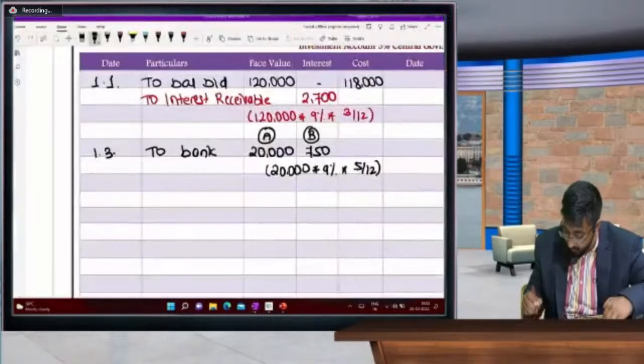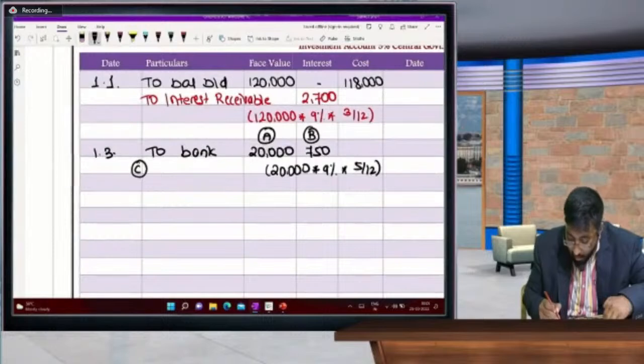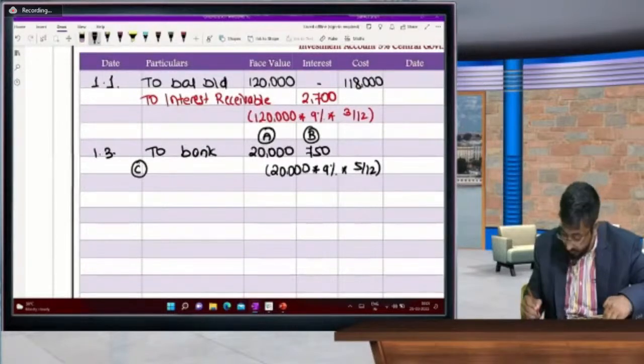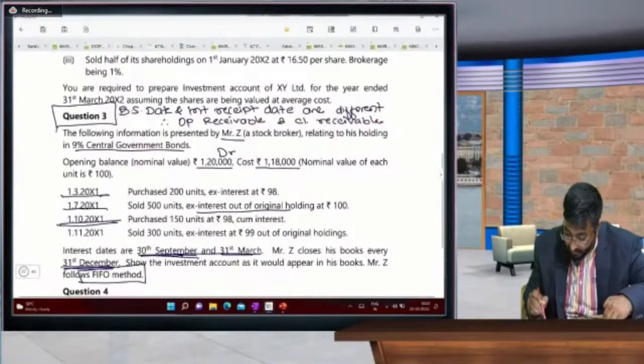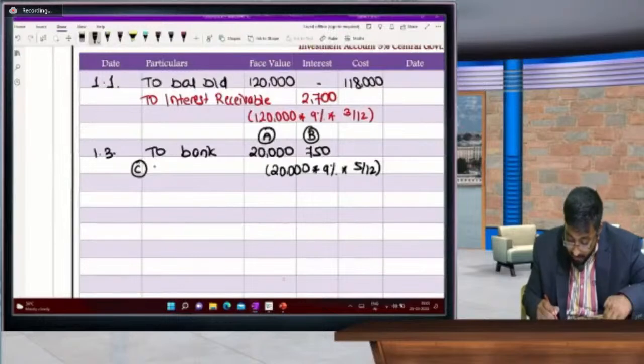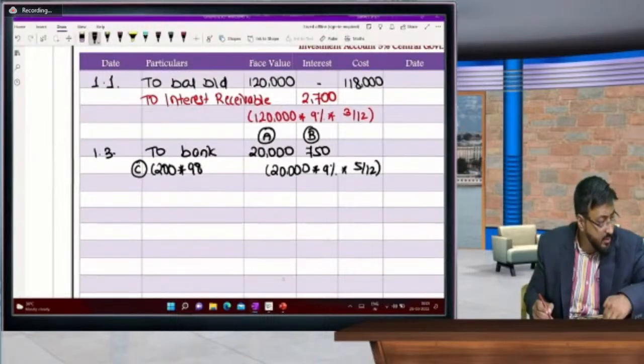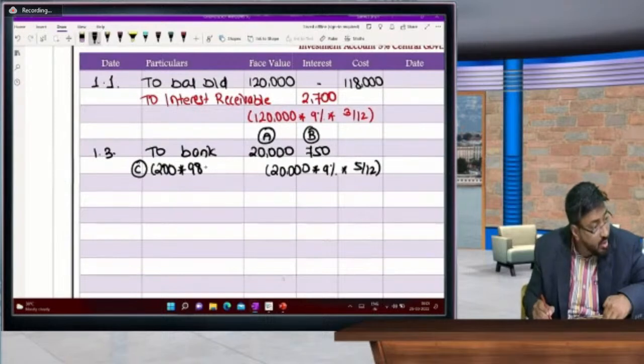Yes, sir. And बेटा, at what price they have purchased it? Yes, tell me. At rupees 98. So in the inner column beta I am going to write 200 into 98. But beta this is ex interest. So can I deduct interest once again or it is already excluded?